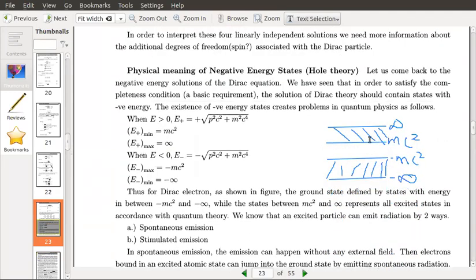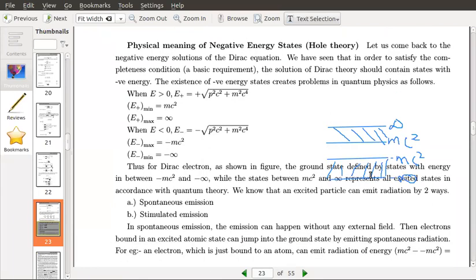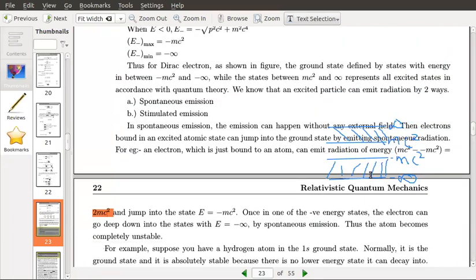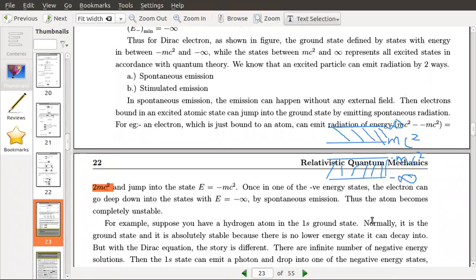First the electron can go from excited state to this lower ground state, but the ground state itself contains a lot of states up to minus infinity, so it can again go deeper and deeper down to minus infinity by spontaneous emission. That means the atom becomes completely unstable.